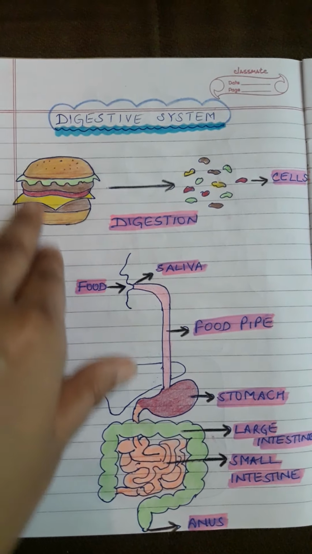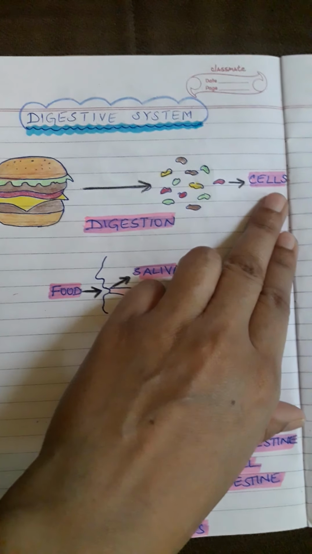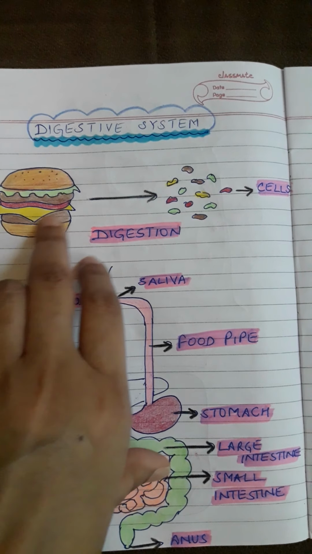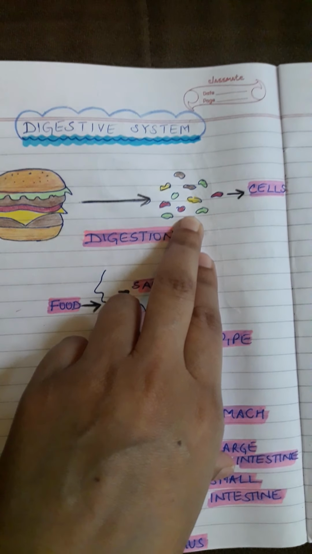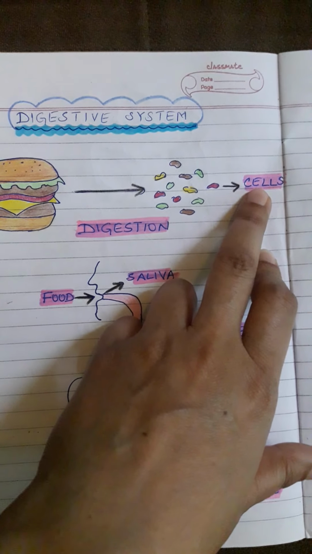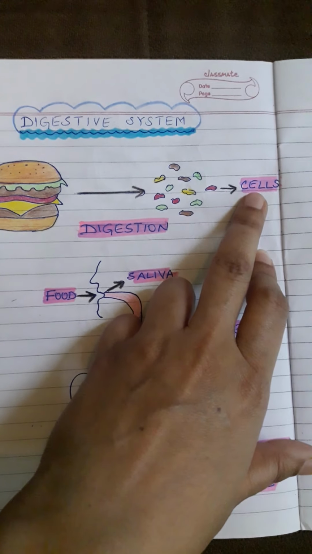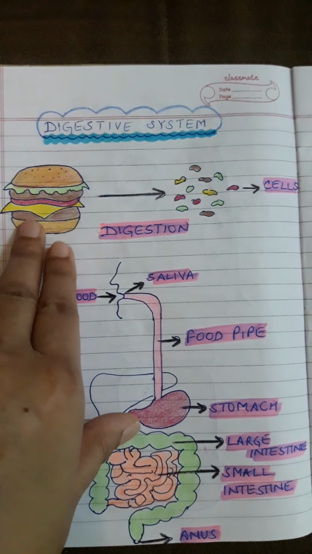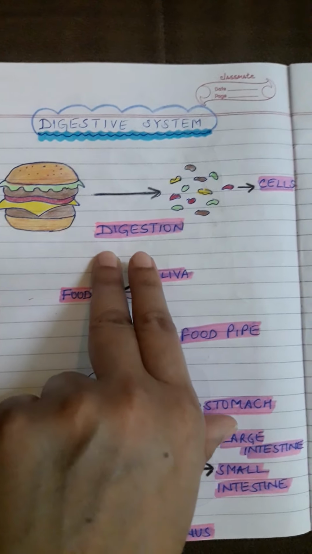But this food is too big and the cells are very small. So this food has to be broken down into smaller pieces so that it can enter all the cells of our body, or so that the cells can absorb it. So this breaking down of food into smaller pieces is called digestion.